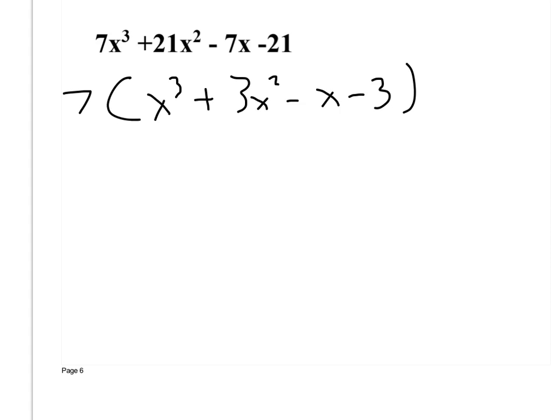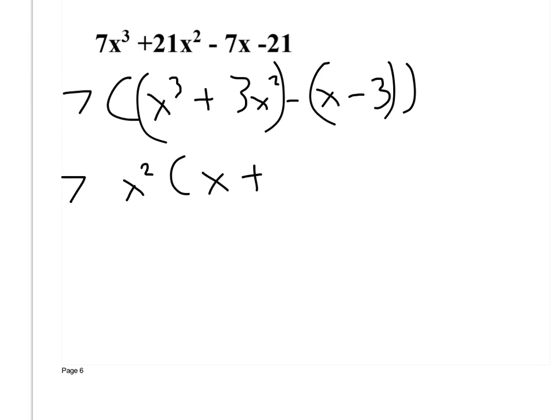Then I look and I can group these. I can group that and I can group that and factor out something. What can I factor out of x cubed and 3x squared? This is just like we've been doing before we left. What can I take out of x cubed and 3x squared? What's a common factor there? X squared, right? I'm left with x plus 3.